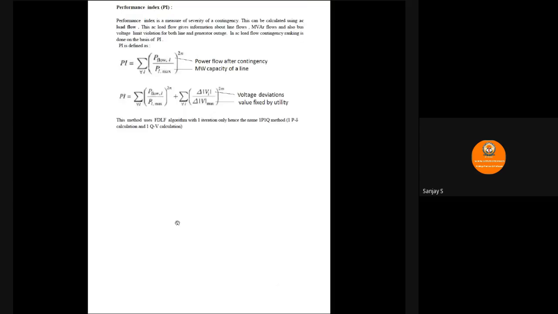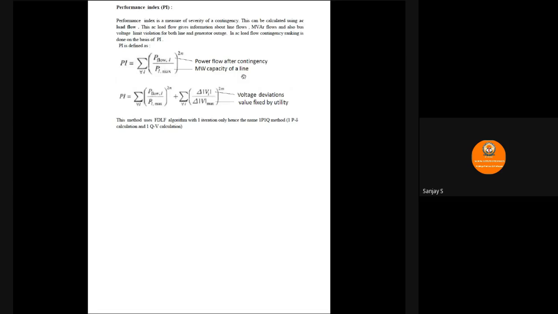And the last one is performance index. In AC load flow, we depend on performance index for ranking the contingencies, that is listing the contingencies based on the severity. So PI for power is defined by ratio of power flow after contingency divided by megawatt capacity of a line.